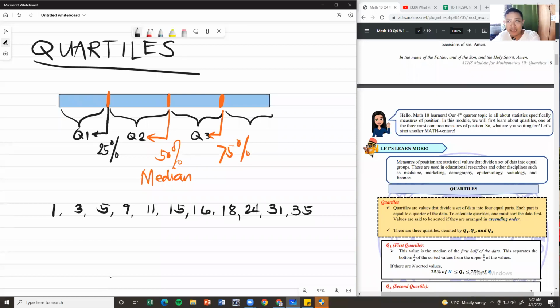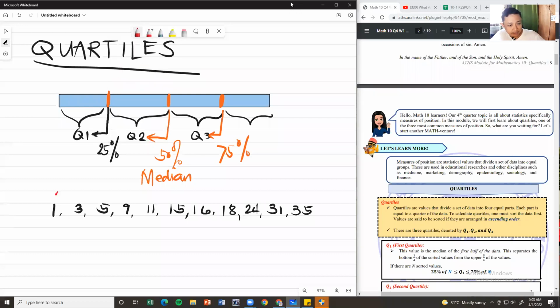So from the 11, do we have an exact median or middle value for numbers which are 11 in number? Meron ba? Ano yung pinakagitna? What is the middlemost value if we have 11 numbers? Yes, there is, and that is the sixth. Correct. So therefore, let's just check. Let's have here.